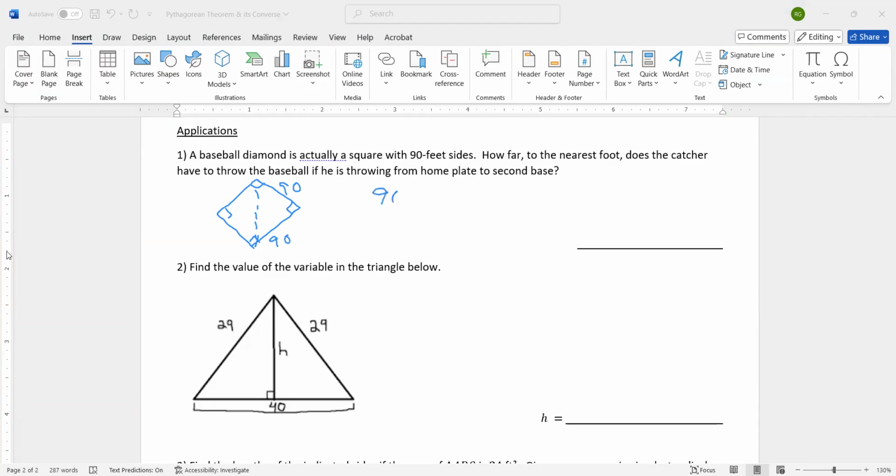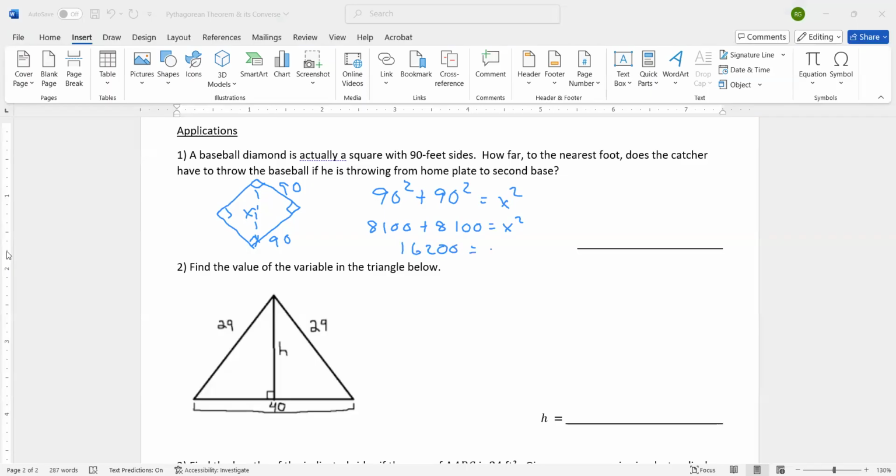So pretty straightforward, I think. 90 squared plus 90 squared equals how far the catcher has to throw it, which we'll call x squared. So that's 8100 plus 8100 equals x squared. 8100 plus 8100 is 16200.